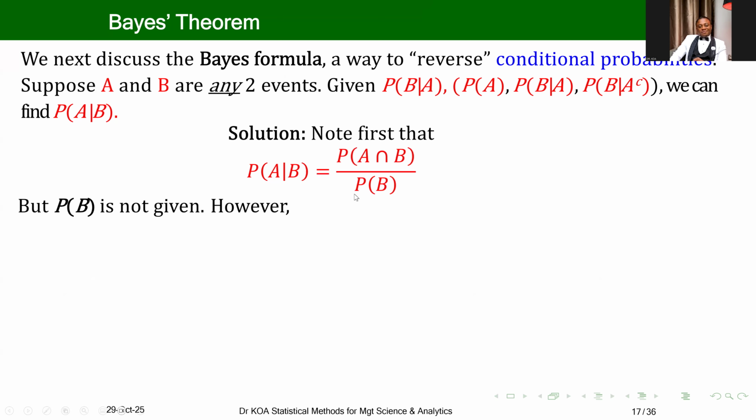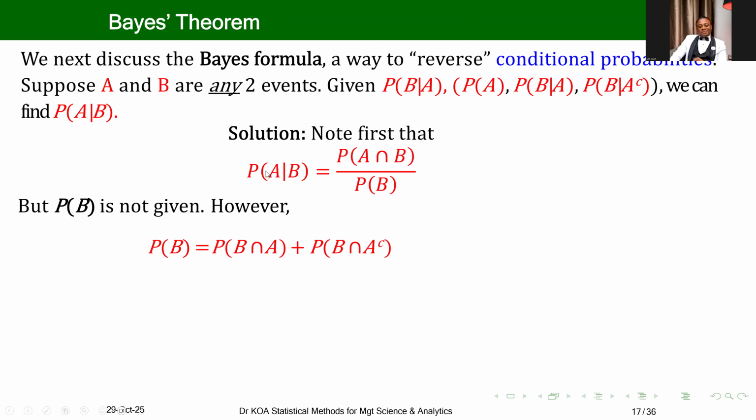But look at the formula there carefully. The bottom part is unknown. It's not given. Now, what do we mean by it's not given? Just a second. Because the probability of B itself is not given.